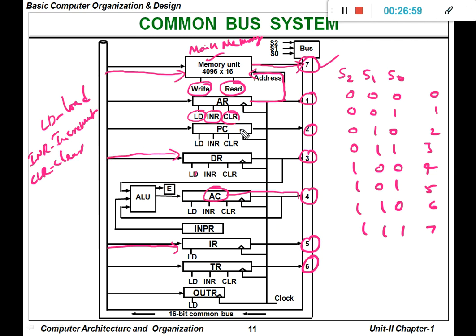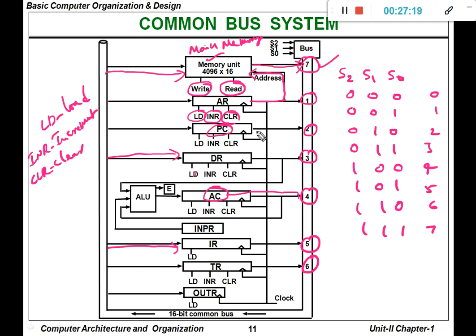Okay. So as we have previously discussed, what is the purpose of the PC? The purpose of the PC is that it represents the address of the next instruction. Based on the address of the next instruction, we are going to fetch the next instruction.